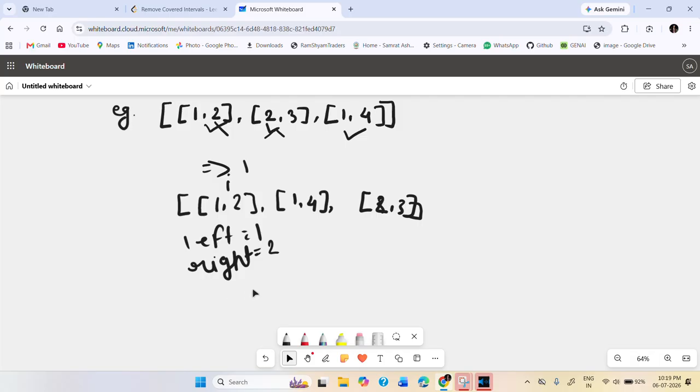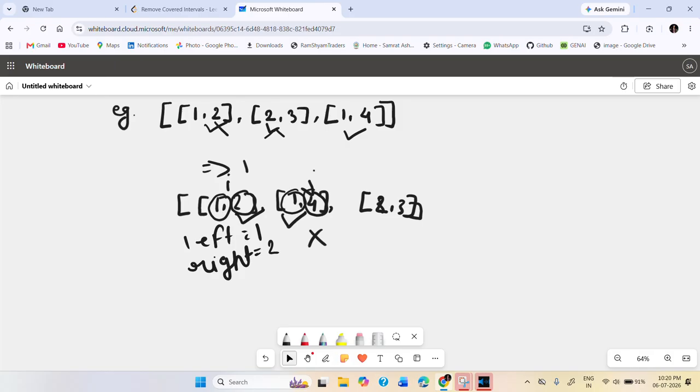Now we move another pointer j from here. We check whether this value is greater than or equal to left. It is true. And whether this value is less than or equal to right. It is false. So this makes a false condition, but as we can see, these intervals are overlapping. But if we sort on the basis of the first element in ascending order, the check becomes false.